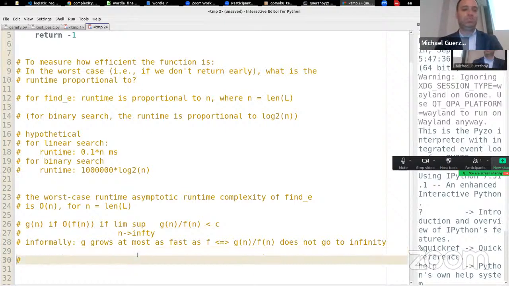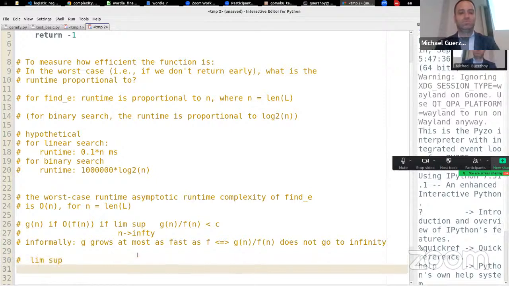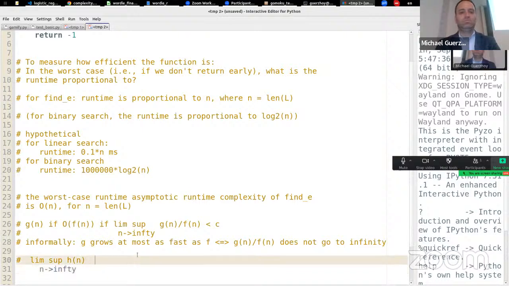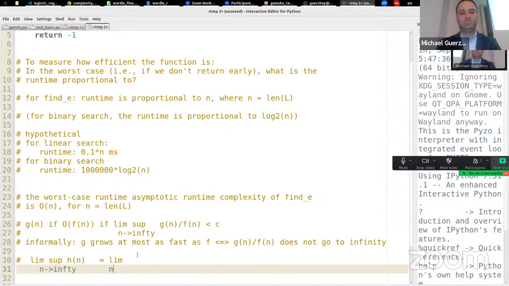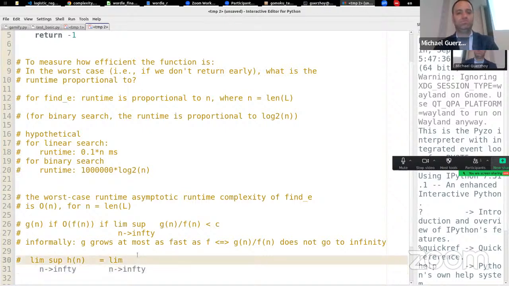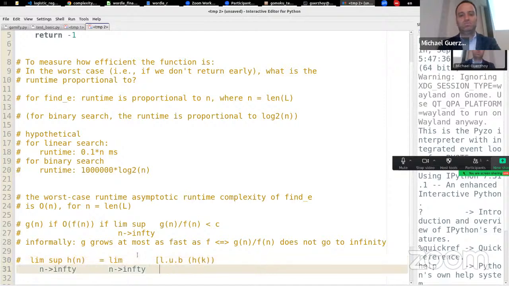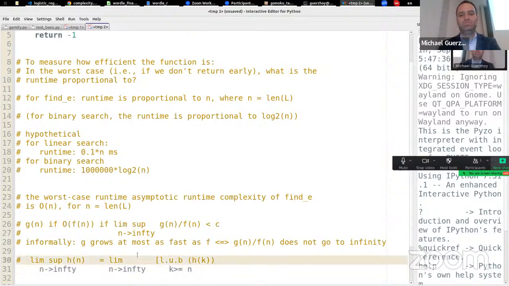So really, lim sup h is the limit as n goes to infinity of the least upper bound, the sup, of h of k for k greater than n. All right, so that's the definition.